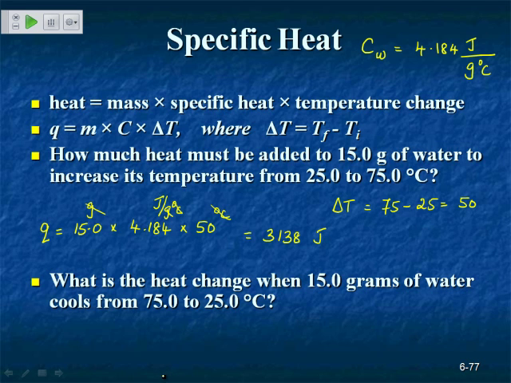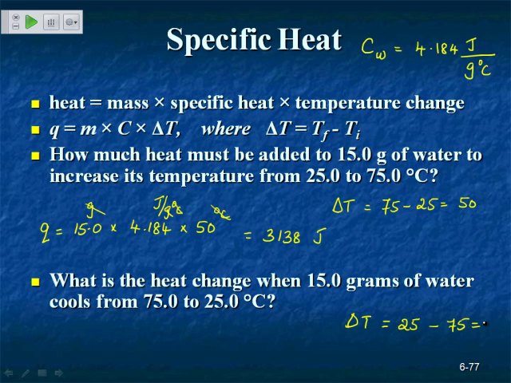Where do we get the negative sign from? From the delta T. Remember, delta T is always Tf minus Ti. Here the final temperature is 25 and the initial temperature is 75.